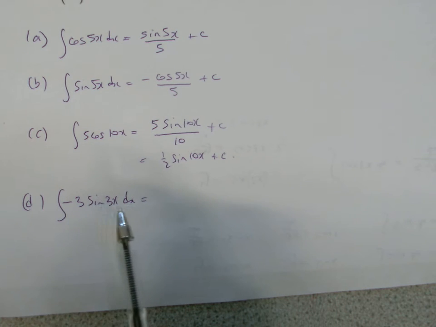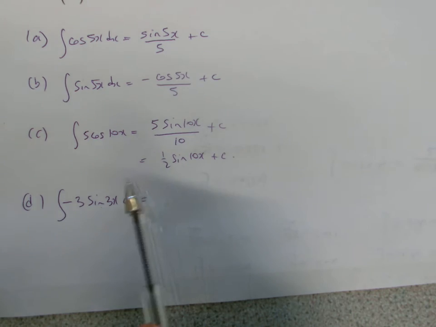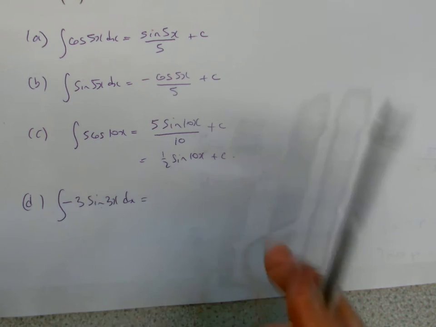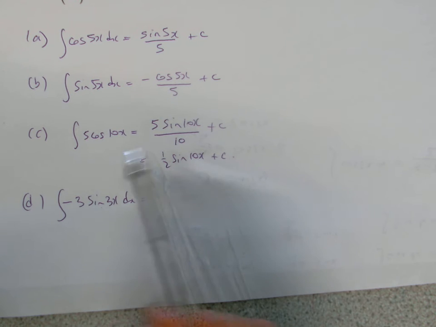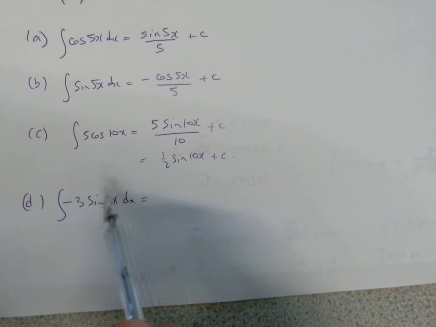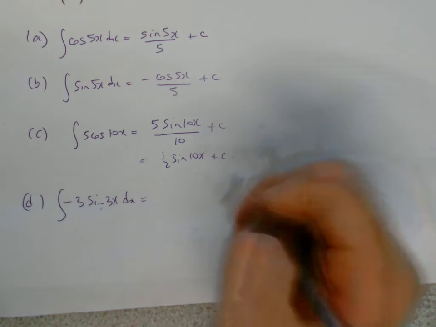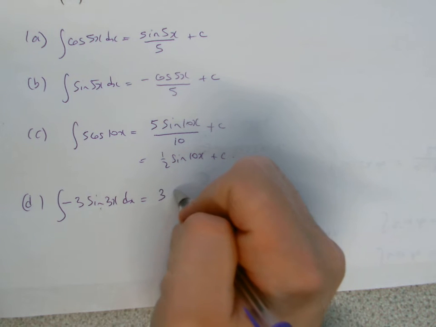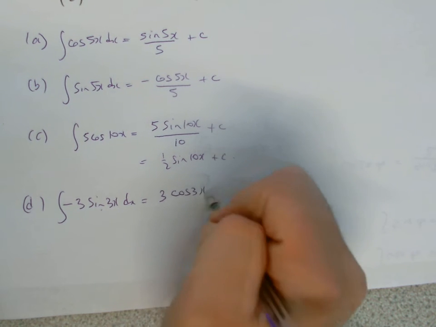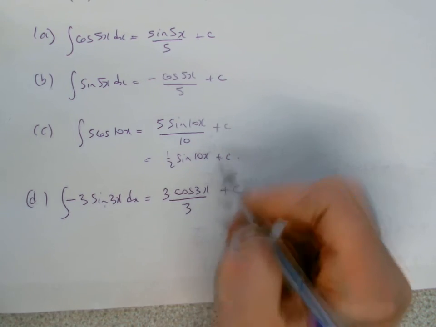Think about when you differentiate cos, you get minus sine. So here, when we talk about integrating, you're going to get the minus cos coming out, and it's the opposite. So here you have the minus cos, but there's already a minus there, so that will turn to a plus overall. Cos 3x over 3 plus c. The 3's cancel and you've got your answer.